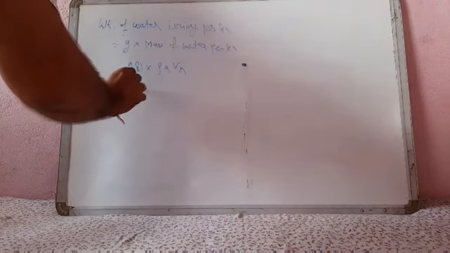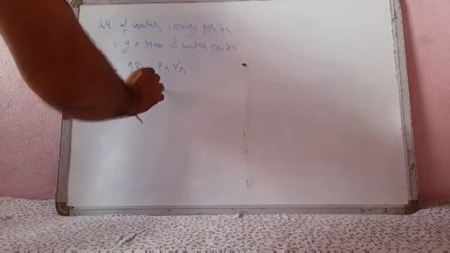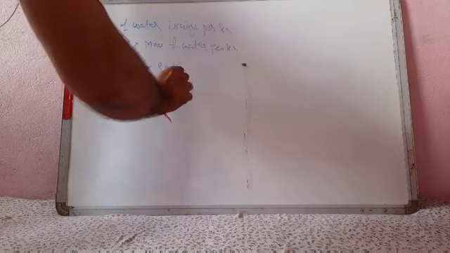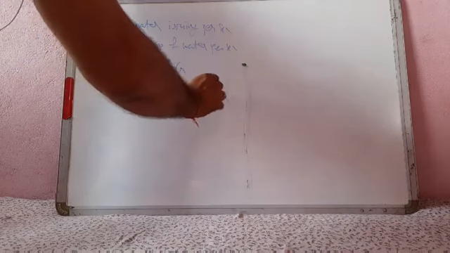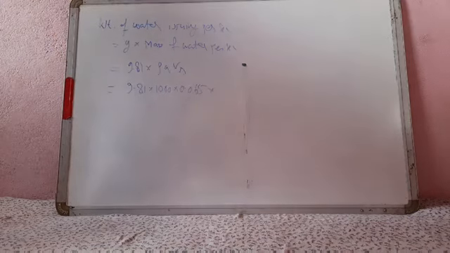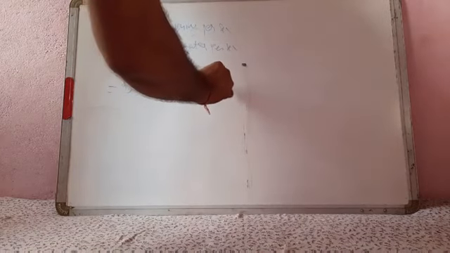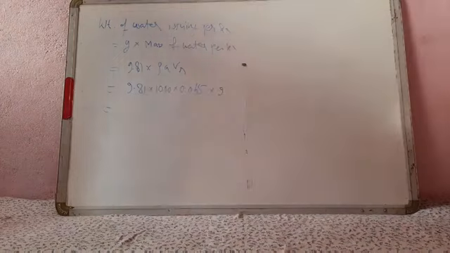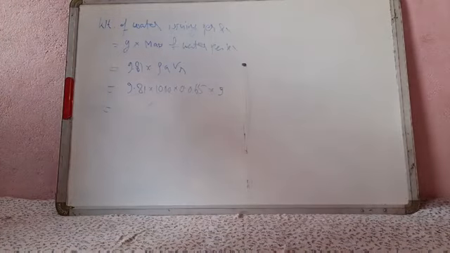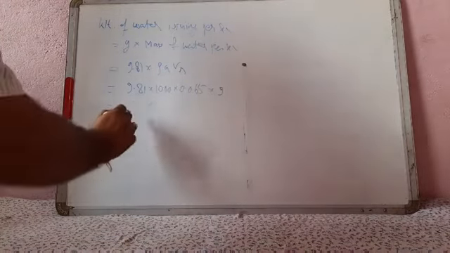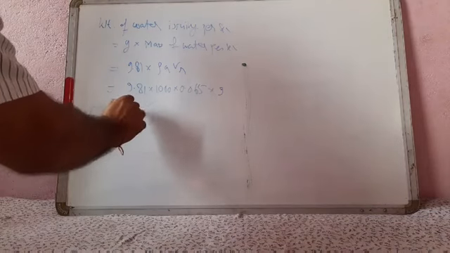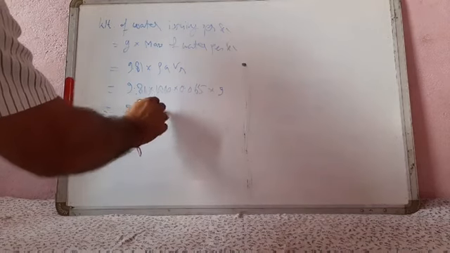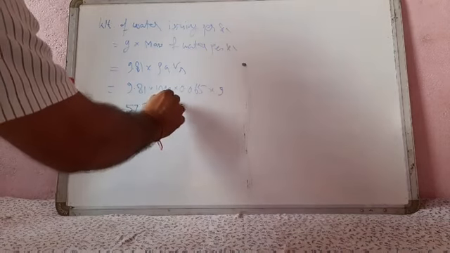Putting the values, 9.81 into rho is 1000, area is 0.65, and VR is 9 meter per second. So this value comes to 57,388.5 Newton per second.